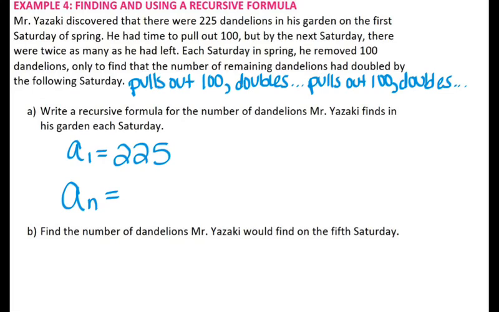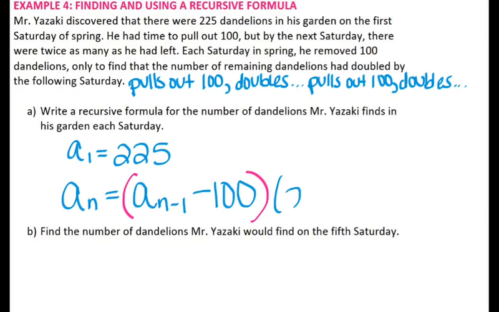So he's taking the previous amount, subtracting 100, and then that amount doubles. So we have our previous term, which is the an minus 1. He pulls out 100, and then it doubles, which means it's multiplying by 2.